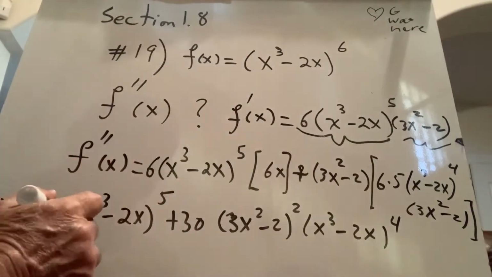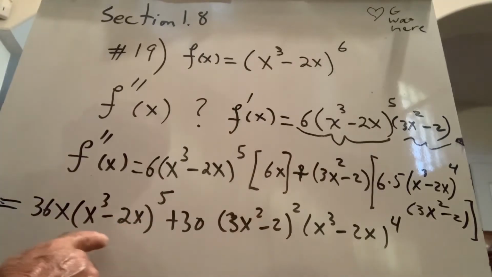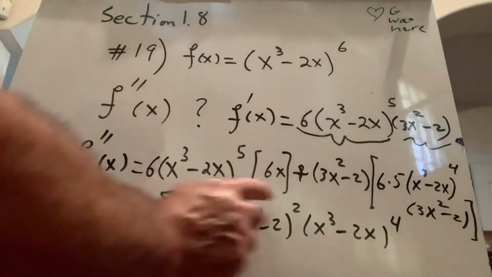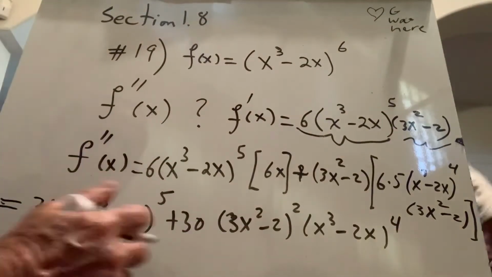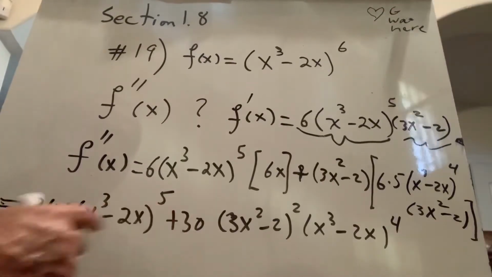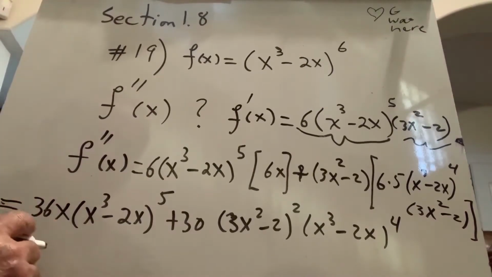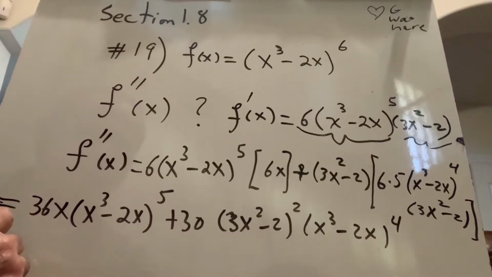Okay guys, so let me just rewrite this again. If you can see here, we can actually factor. We have x cubed minus 2x to the 5th power, and you have x cubed minus 2x to the 4th power. Also between 30 and 36, I think the biggest factor would be 6. Let me try it.